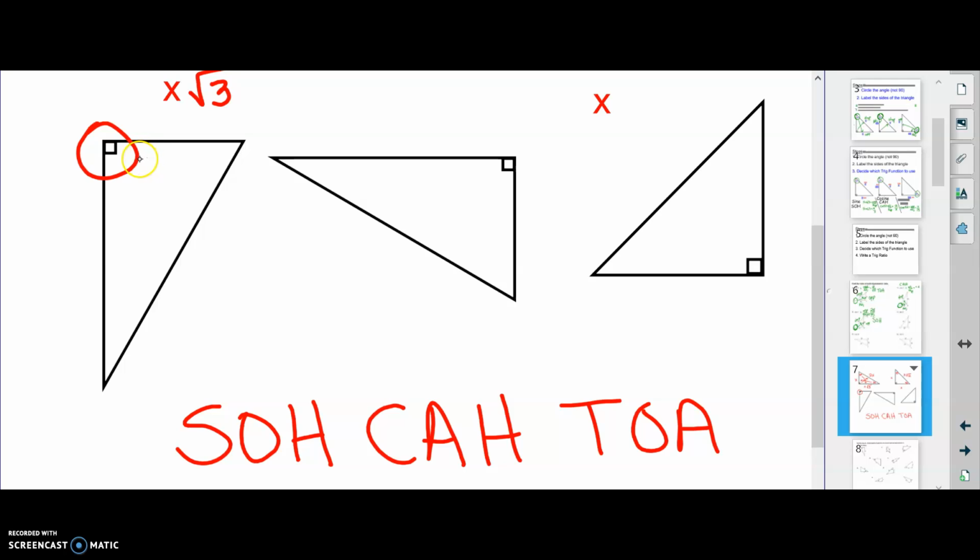No, because both of them are adjacent. That one's right next door, that one's right next door. The hypotenuse will always stay the hypotenuse, the side across from the 90. But if we circle the 90, we cannot tell which is the opposite and which is the adjacent. So we never circle the 90. We always have to circle one of the other angles.